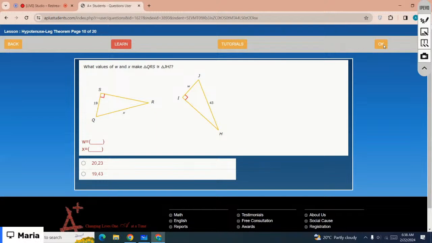What values of W and X make triangle QRS and triangle JHI congruent? So, which is the correct option?